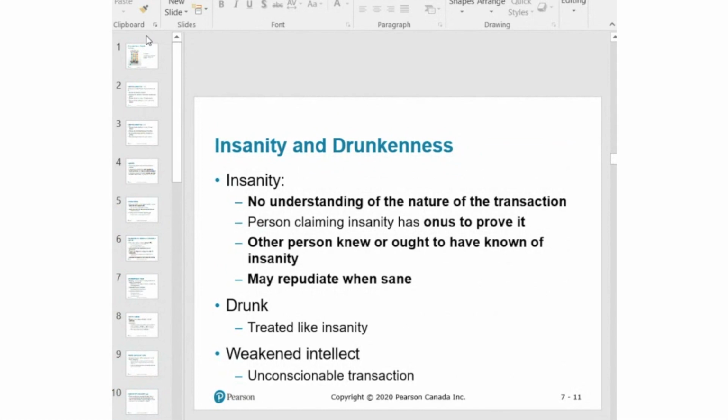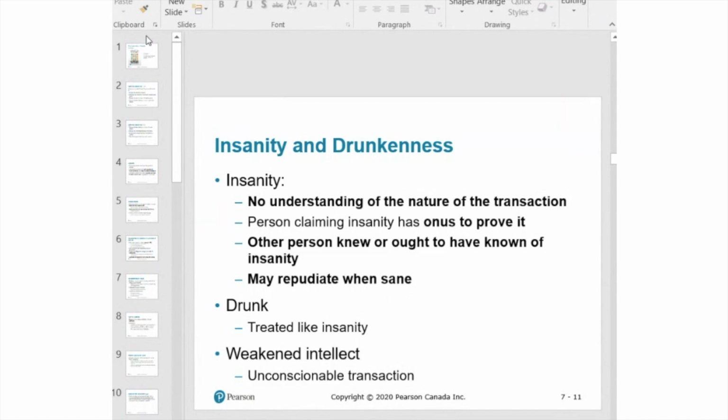But the law also protects people who are insane, either temporarily or permanently, and also drunk or intoxicated. The rules for insanity and drunkenness are the same. So here, it is very important to understand that if one party is insane, again, temporarily or permanently, or intoxicated, they may get away from the contract they entered.